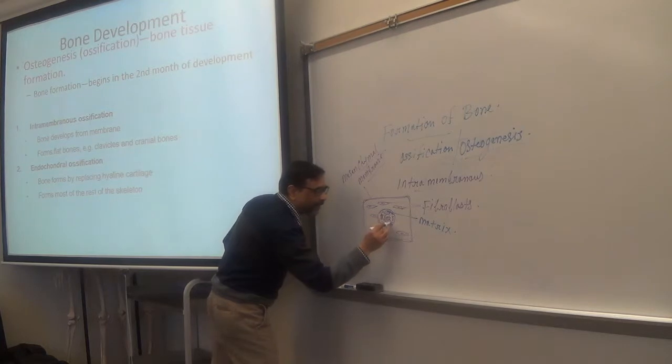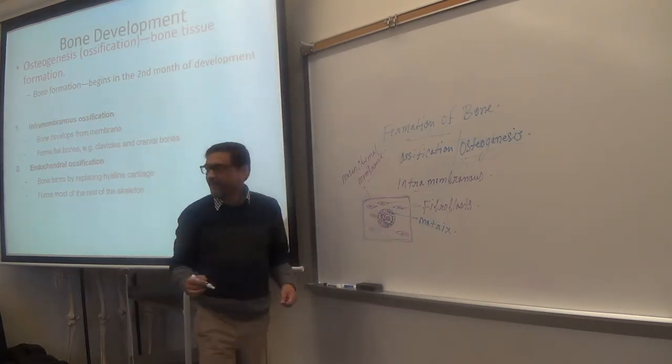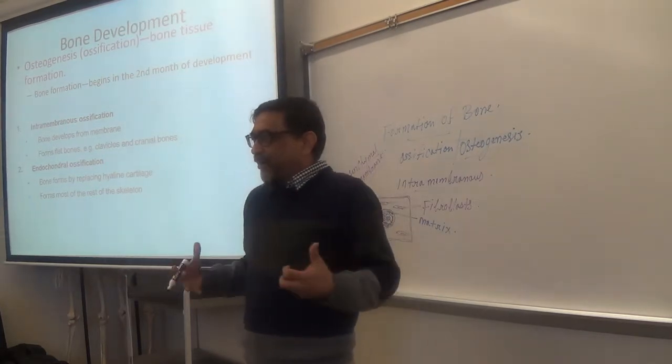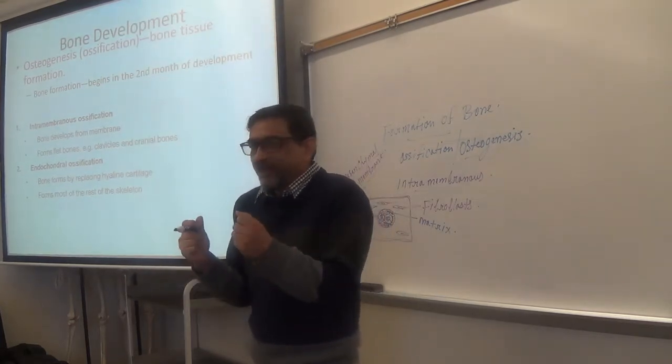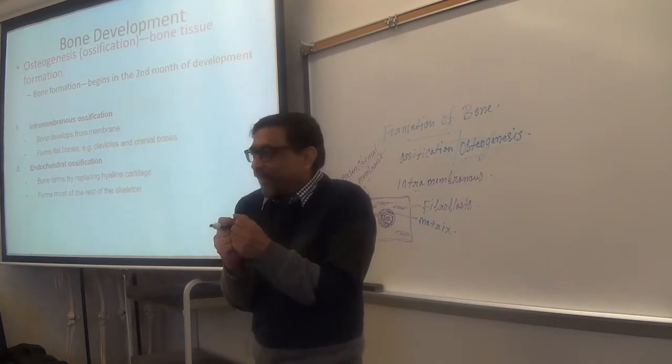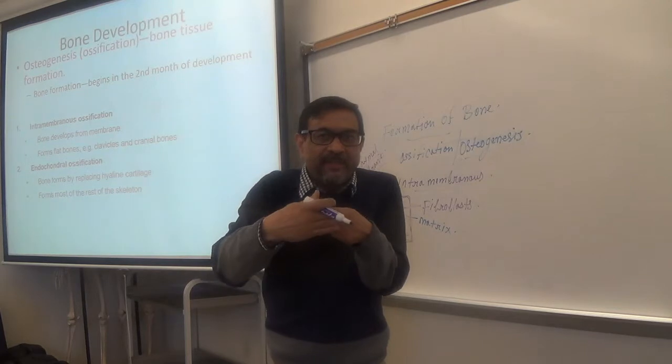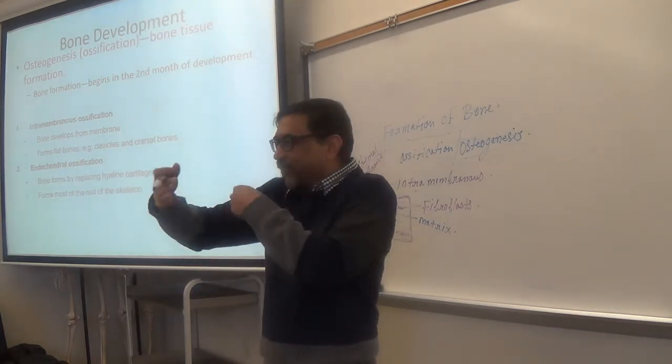So what will happen? A space will be created between the matrix and the osteocyte. Makes sense, right? Like you are big, around you, you have hard matrix. Now you got smaller, what will happen? A space will be created between the hard matrix and you. A gap.